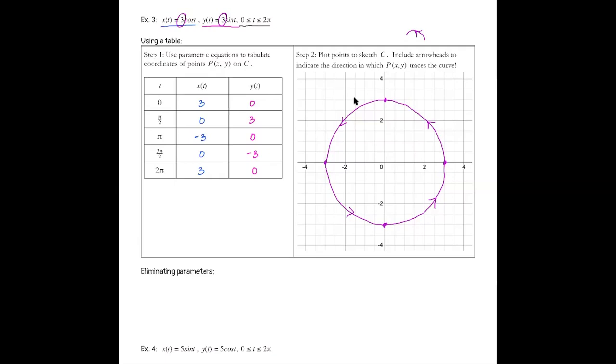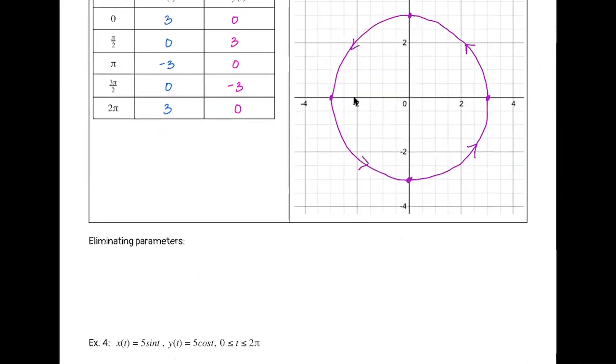So this is x equals 3 cosine t and y equals 3 sine t, okay? To eliminate the parameters involving sine and cosine, we're going to go back to our Pythagorean identity that says sine squared theta plus cosine squared theta equals 1, okay?